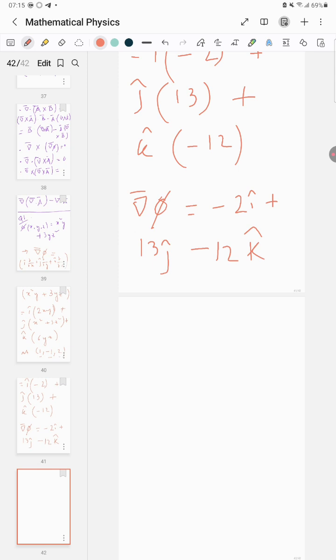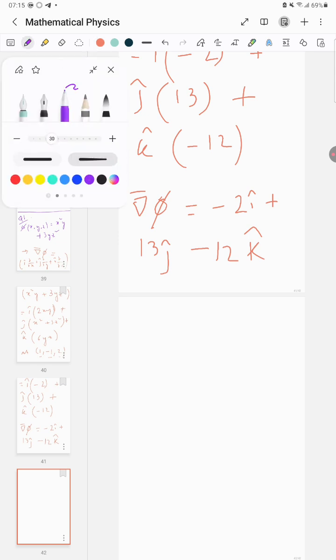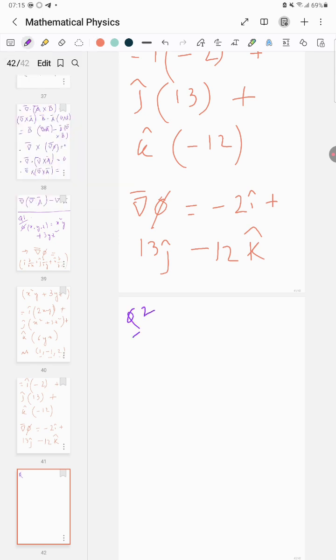Alright. Now question number 2: let us find divergence of a vector field, given as A equals x square I cap plus yz j cap plus z cube k cap. How would we define divergence of A?